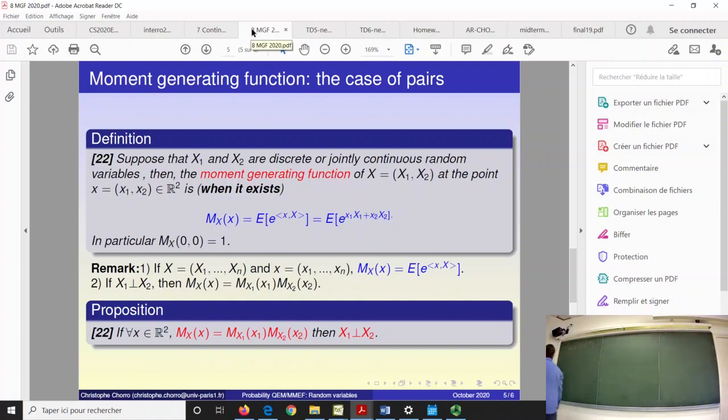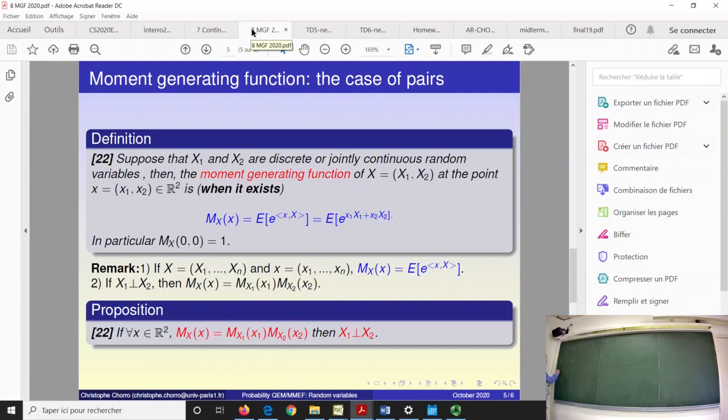So suppose that you have not a single random variable x, but that x is in fact a pair of random variables, x1, x2. You have a pair of random variables. I have the possibility to define the moment generating function of the pair this way.